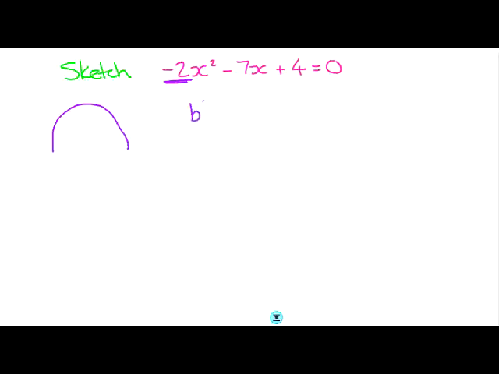So, we're looking for b squared and we're looking for 4ac. So, b is minus 7 squared, which of course is 49, and 4 times a, which is negative 2, times 4. So that is minus 32. So we can see that b squared is more than that.